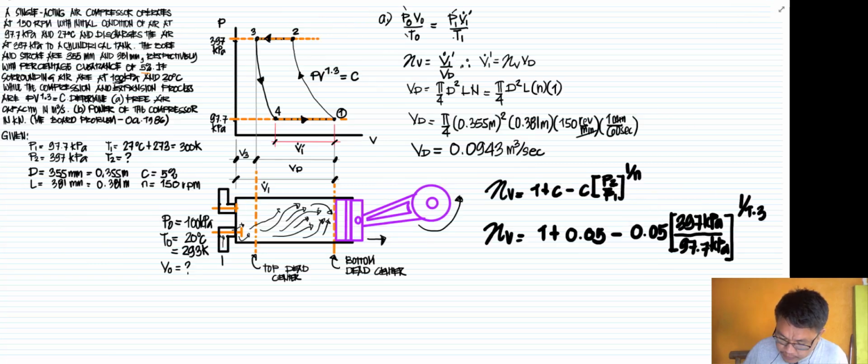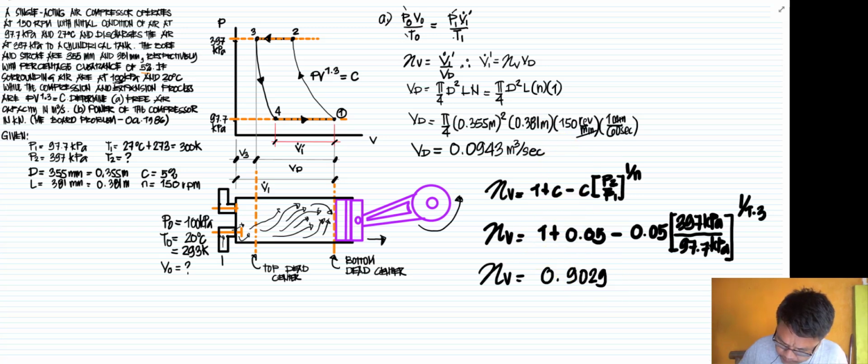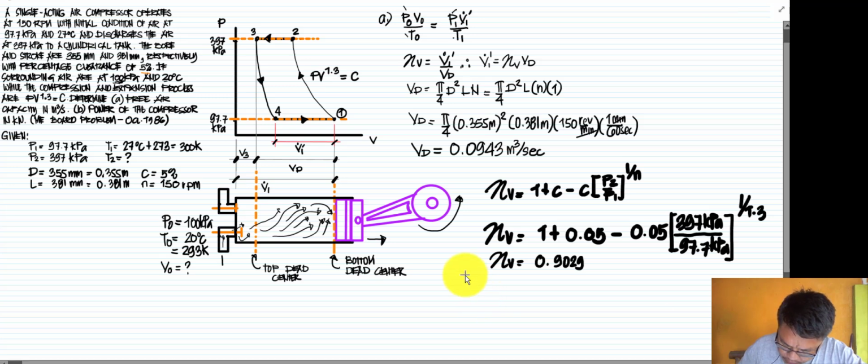Okay, then we have the value of your volumetric efficiency, which is equal now to 0.9029. So now we have the value of your volumetric efficiency, so pwede na natin siyang i-substitute directly.